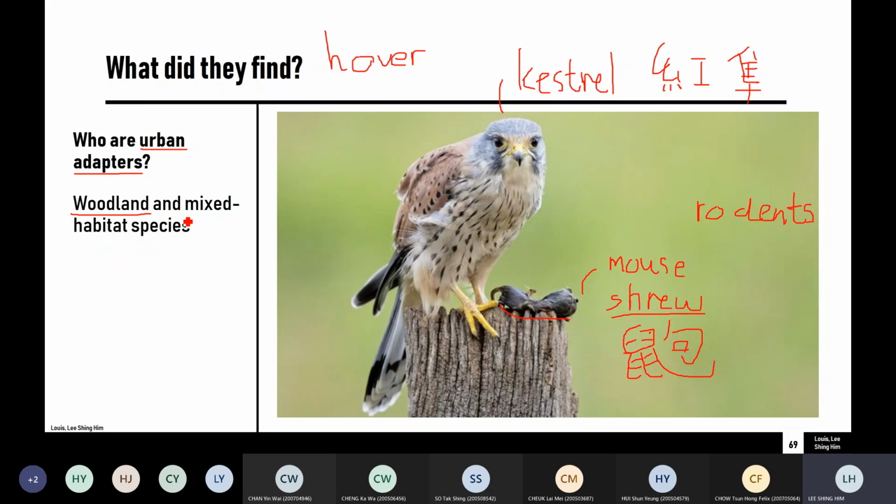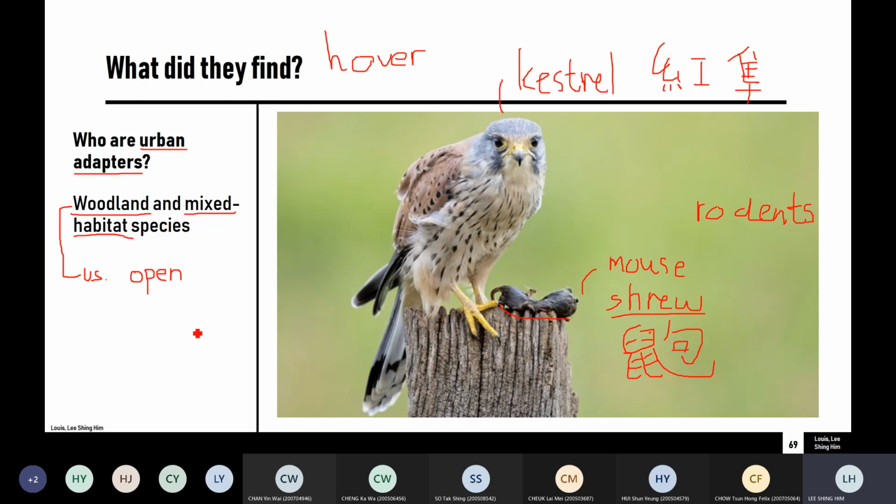But you also see these mixed habitat species. Now, mixed habitat species is that they can make use of different habitats. So apart from woodland habitats, sometimes you have open habitat.